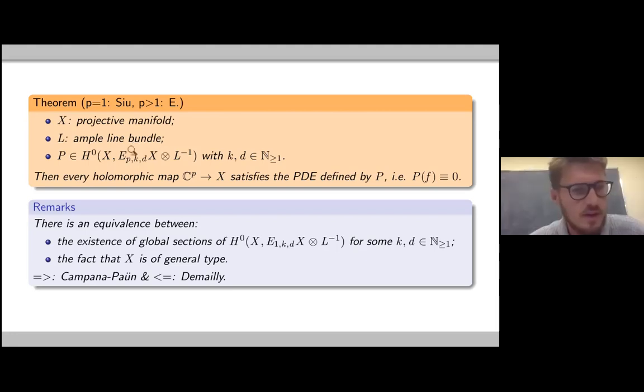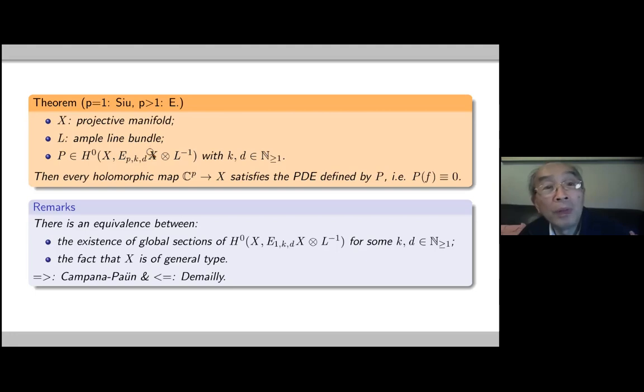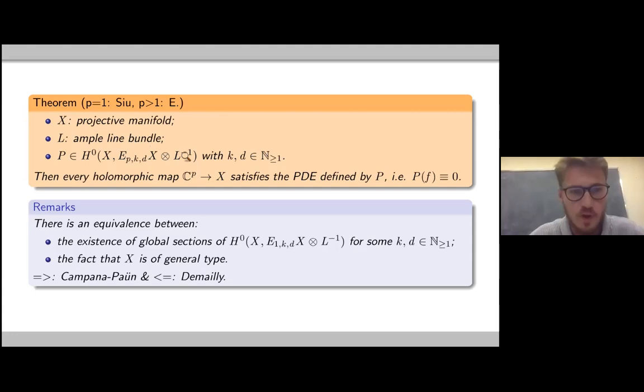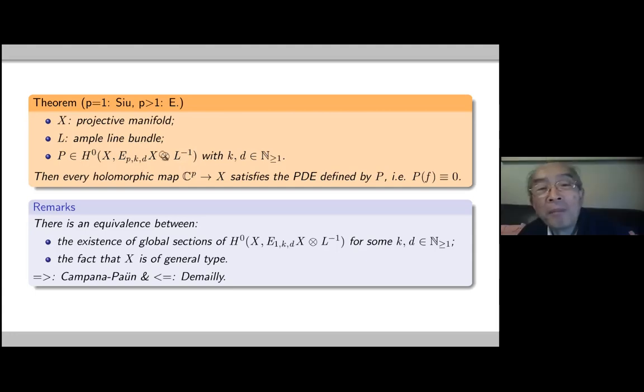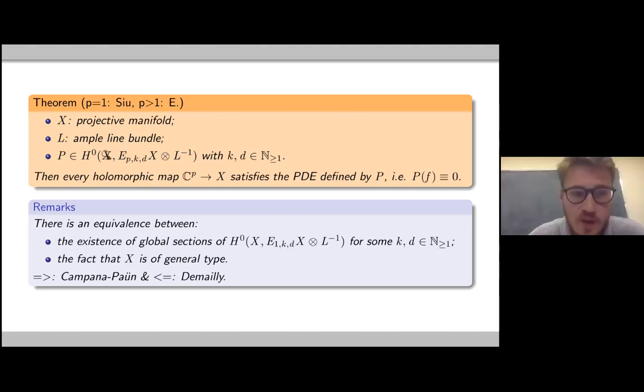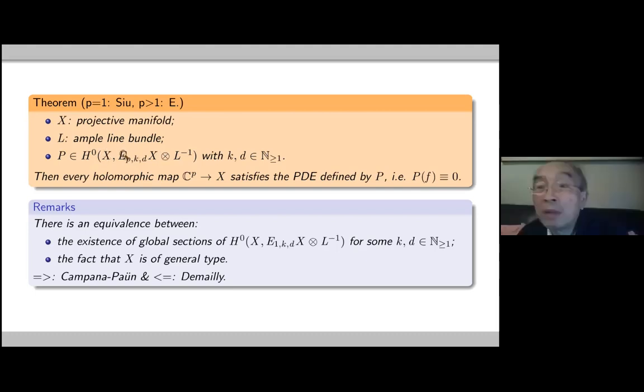Actually, no, it's complicated to construct such sections. So the three hypotheses could be inconsistent? Oh no, as I said, we know that it's non-zero. You've got a proof of an existence theorem?